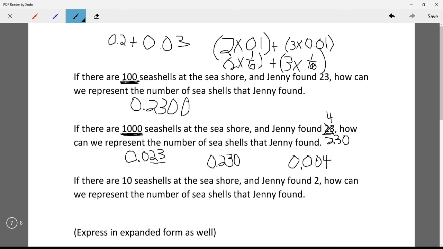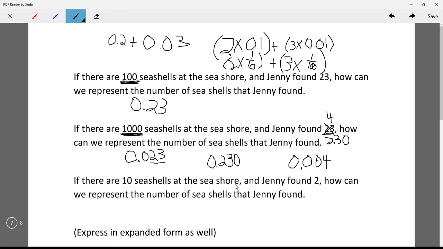Right? I could keep adding zeros and the value never changes. So for this one, it would just be 23 thousandths because there's 1,000 shells. She found 23 of them, so it's just 23 thousandths.